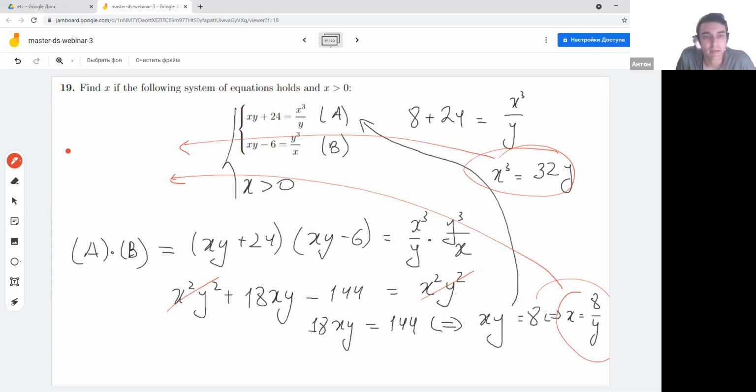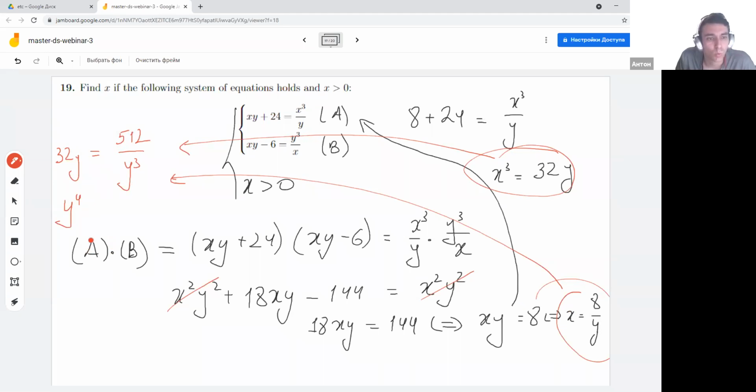Okay, so I have 32y equals x squared, and x equals 8 over y. So it's 8 cubed over y cubed, and 8 is 2 to the power of 3. When cubed, it's 2 to the power of 9. So it's 512. Maybe I didn't need to compute it, but anyway.